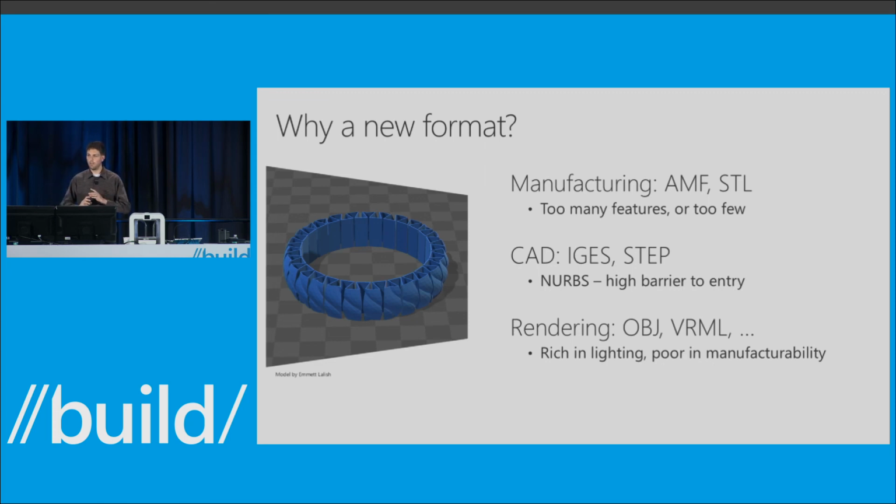We're talking about metals, we're talking about strength, we're talking about conductivity, all sorts of things that just have no meaning in a rendering world. And in addition, a lot of rendered objects simply aren't real. They're meant to look all right, but fundamentally they're smoke and mirrors. They're not solid, and they're not something that any printer can create something out of. That's something that we really need to look at when we're doing our format that's truly for 3D printing.